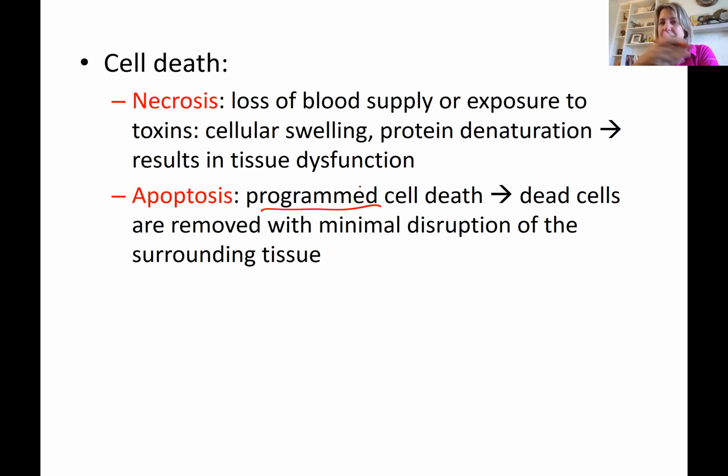But different cells have a different lifespan, okay? And then necrosis is when the cell dies because of some sort of inflammatory problem. So loss of blood supply or exposure to toxins. We're going to have cell swelling, protein denaturation, and this is going to lead to inflammation, tissue dysfunction, etc. So cell death that is programmed and physiologic, happening every day, is apoptosis.